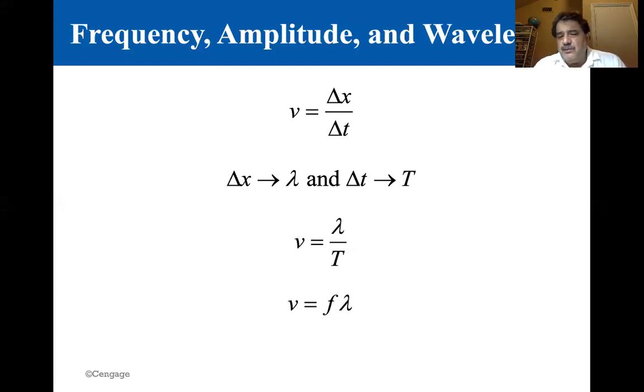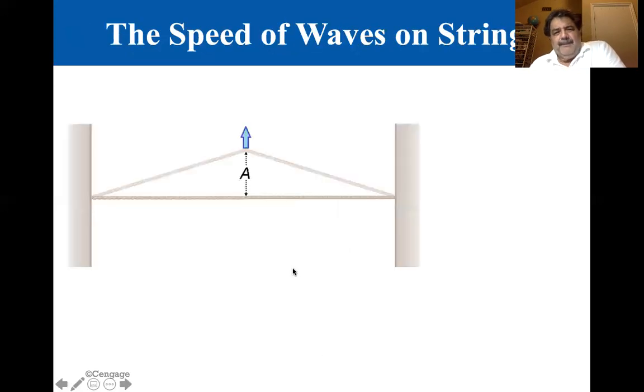And the frequencies will be much higher, and the wavelengths will get much shorter. These two formulas are important. Velocity is equal to wavelength divided by period, and velocity is also equal to frequency times wavelength.